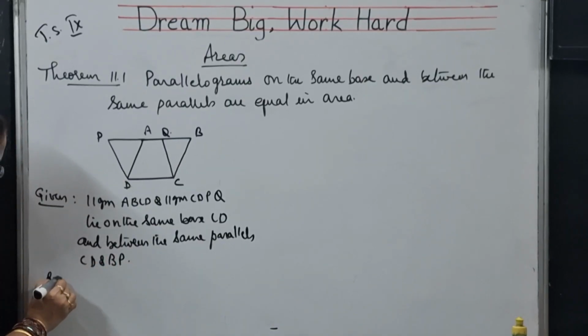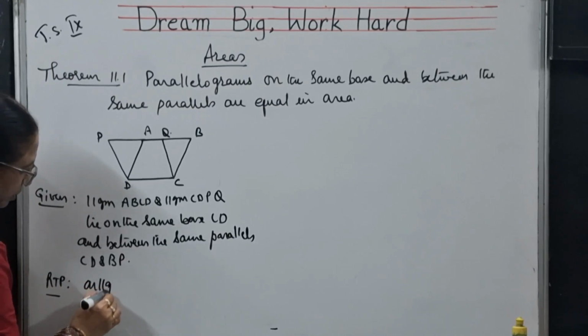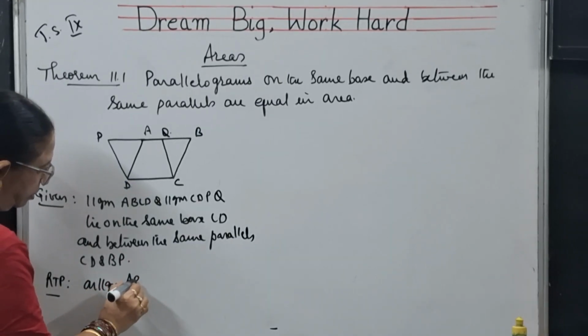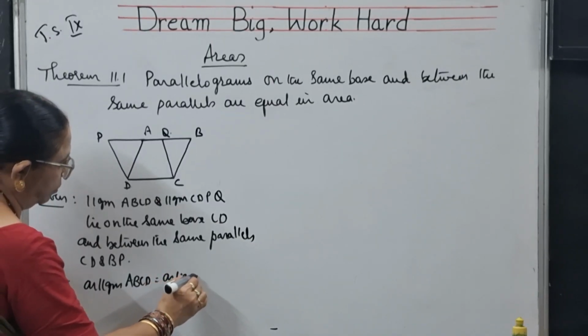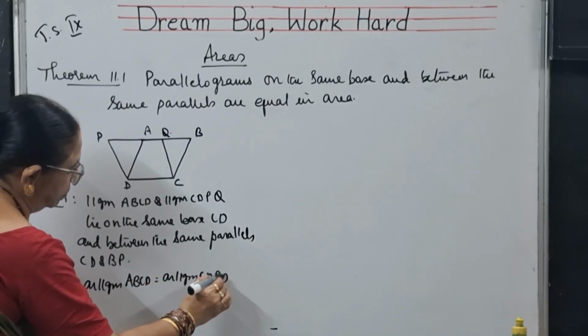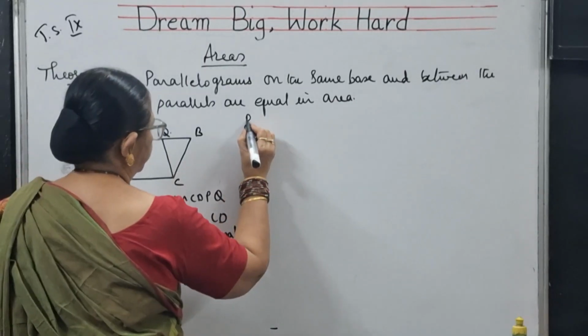What is RTP? You need to prove that area of parallelogram ABCD is equal to area of parallelogram CDPQ. This we need to prove. Now let us see the proof.